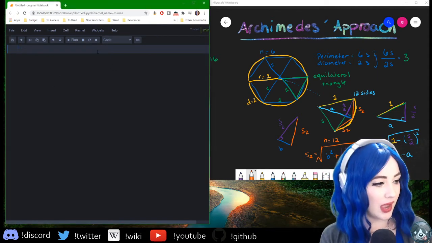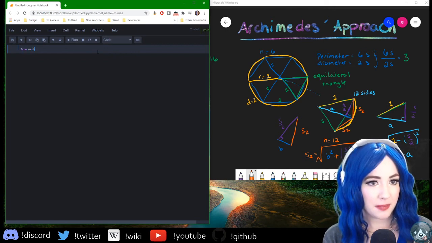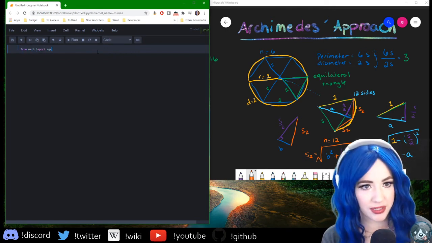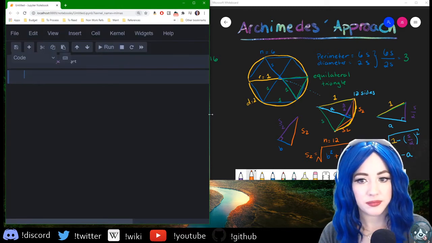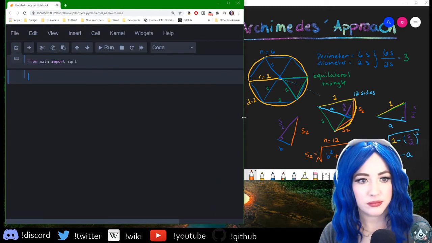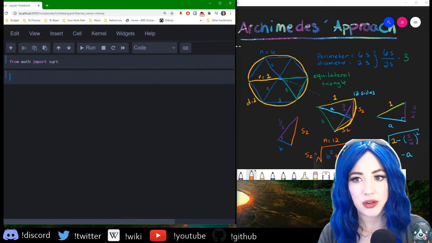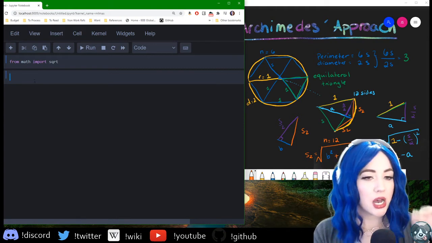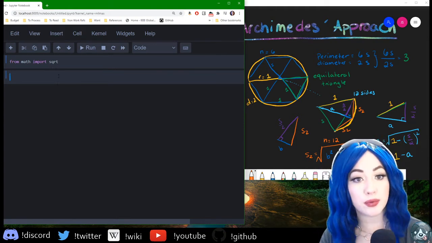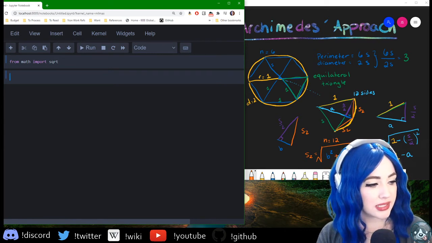All right, so don't worry about this. If you don't know programming, don't worry so much. Let me zoom in so all of you can see. So this is just so we can do a square root. That's the abbreviation for square root. Let's think about this first.